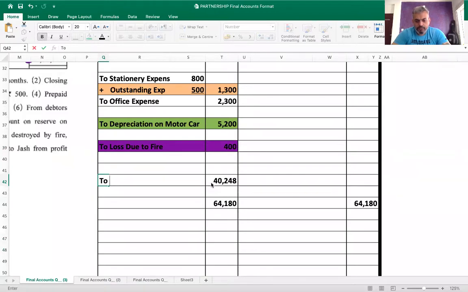To profit and loss appropriation account. It is our net profit.